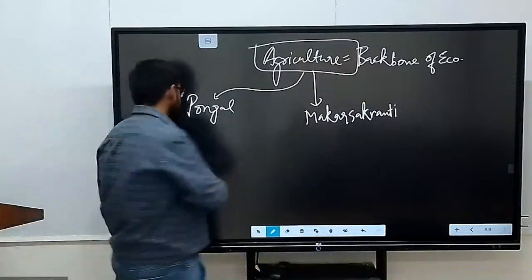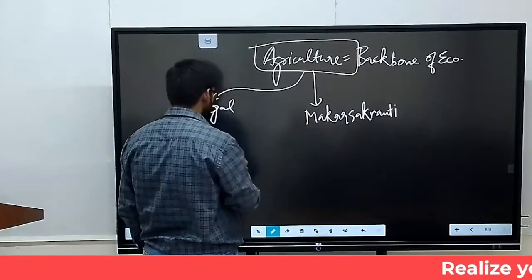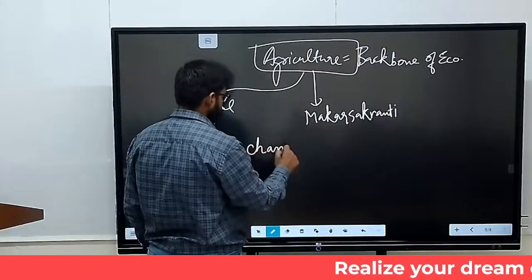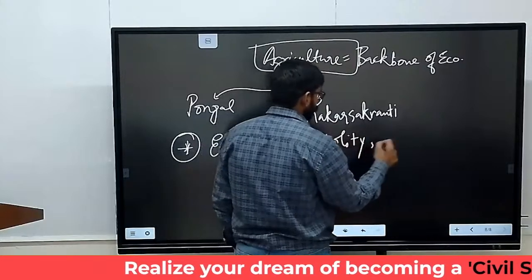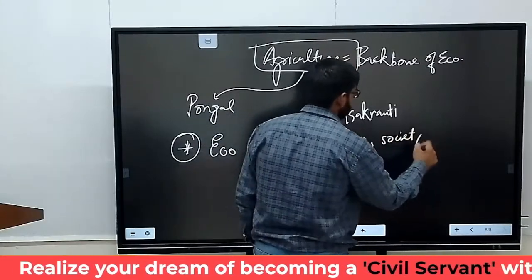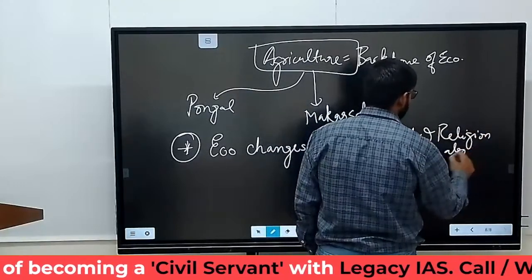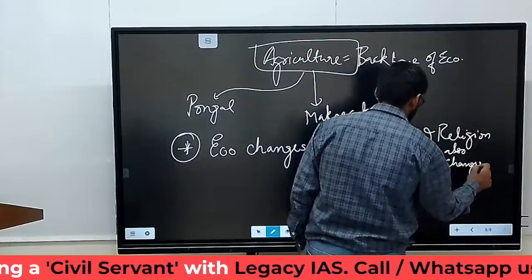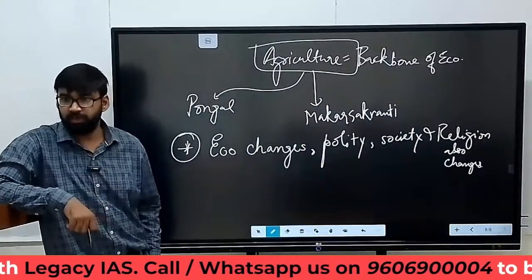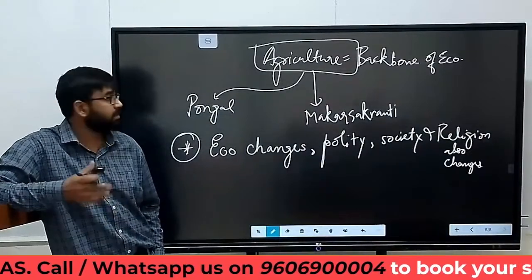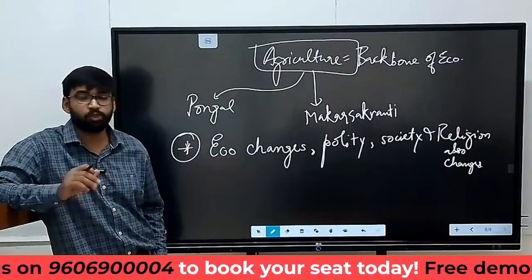Clear? So there is a formula. Whenever economy changes, polity, society, and religion also change. So we will apply this formula when we start with history. Getting my point? So there are some formulas. That is why it is also a science. That is why we say history, geography come under social science.